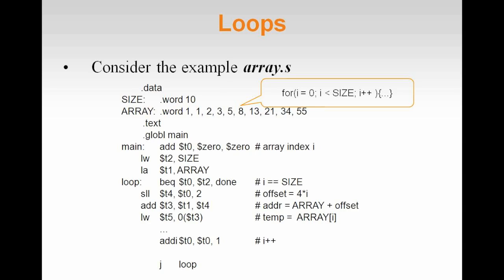We add this offset to the base address of the array and load the word from the location into T5, and that's where we do that.